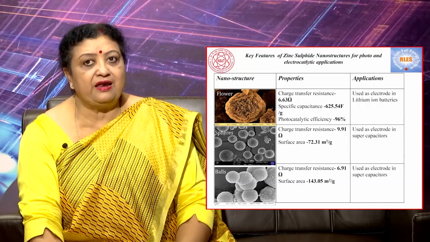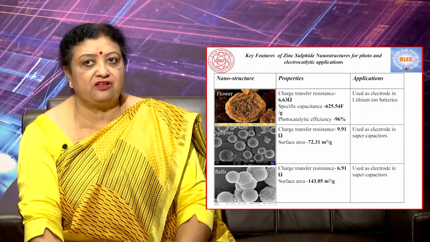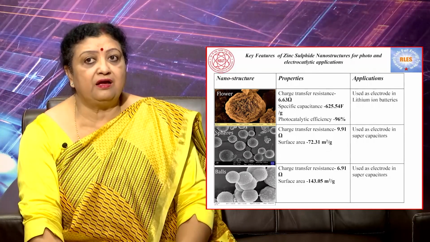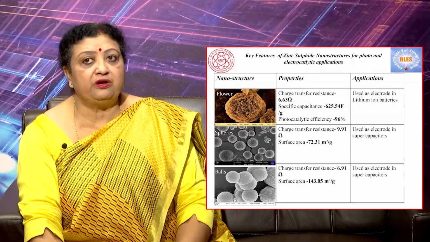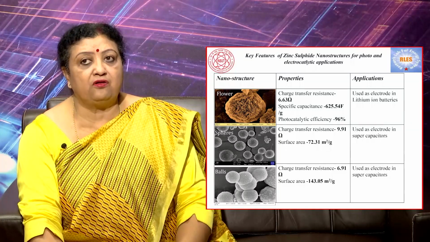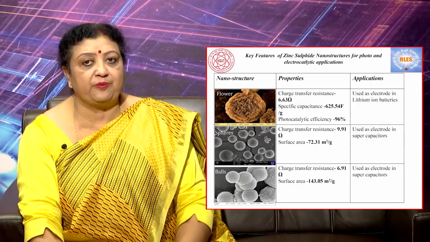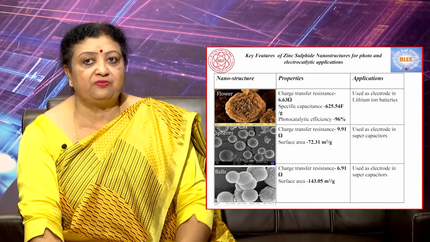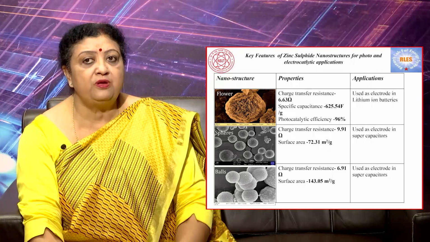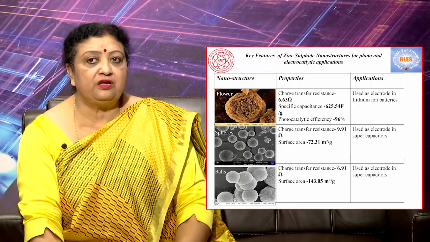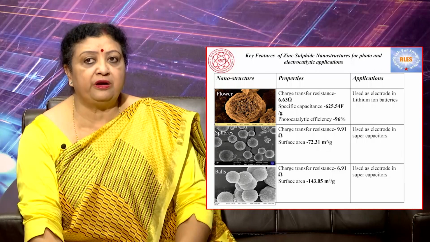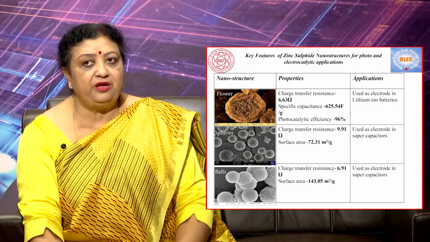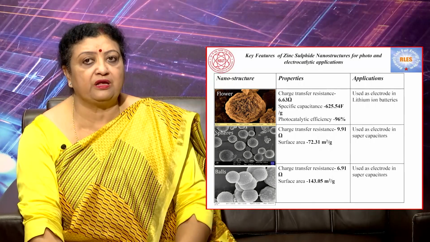The sphere-like ZnS nanostructures have charge transfer resistance 9.91 ohm, and the surface area is 72.31 meter square per gram, and they are also used as the electrode in supercapacitor. The ball-like nanostructures of ZnS have charge transfer resistance 6.91 ohm, and the surface area 143.05 meter square per gram, and can be used as an electrode in the supercapacitors.